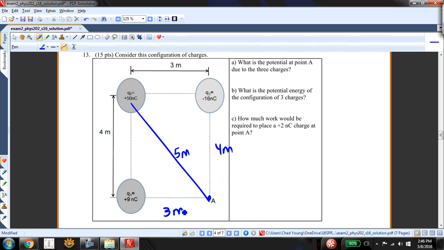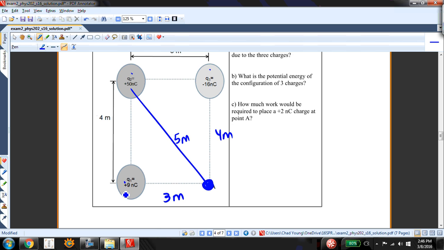And now for part A, we want to calculate the potential at this point due to these three charges.